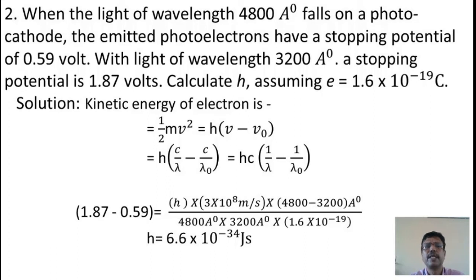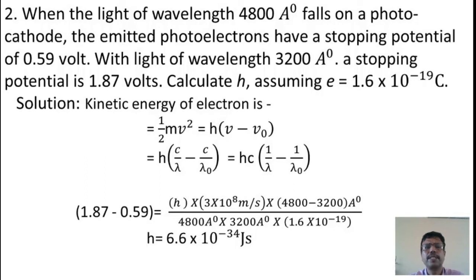Next, λ2: with light of wavelength 3200 angstrom, stopping potential 1.87. That means λ2 is equal to 3200 angstrom, that is 3200 × 10^-10 meter. Stopping potential V2 1.87 volt implies the kinetic energy of photoelectron is equal to 1.87 electron volt.